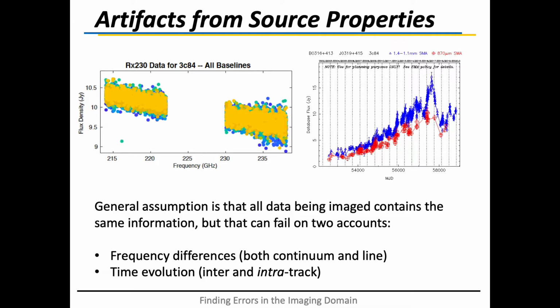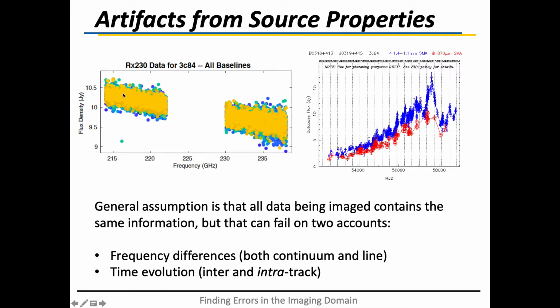One is that we definitely know that things in the sky change in terms of their brightness as a function of frequency. People who work on spectral lines definitely know this for certain, because of course spectral lines pop up at specific frequencies. But even continuum sources tend to have spectral indices.